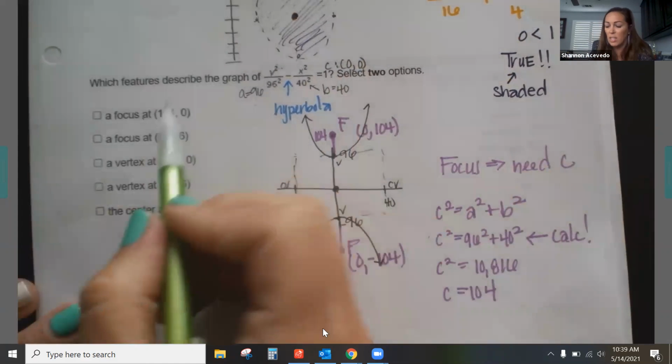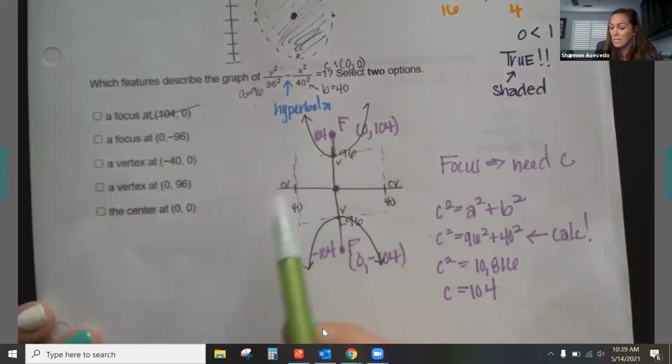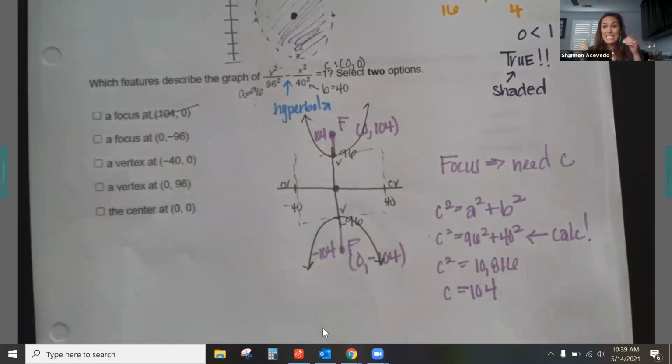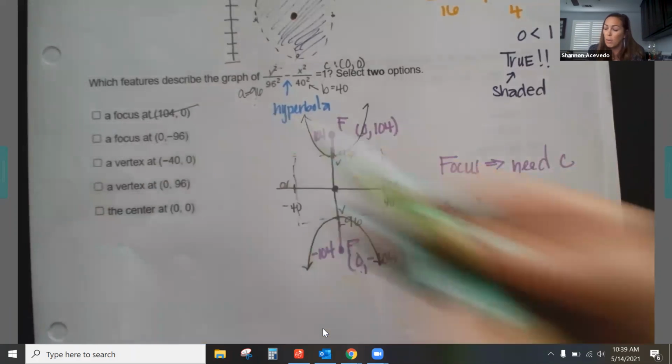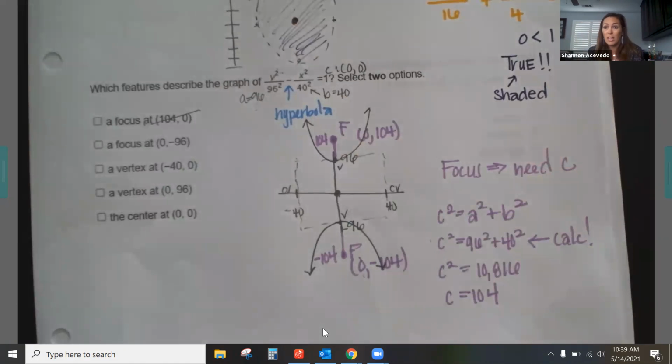Because right here it says that you have a focus at 104, 0. This is not correct because that would be saying you're on your x-axis. And remember, the focus has to be inside the hyperbola. So it always helps to sketch it, because even though you come up with that value of 104, sometimes you guys think, oh, 104, it's there, that's my answer choice. And it's not the case. So again, sketch your graph so you can get that visual and not make those little mistakes.